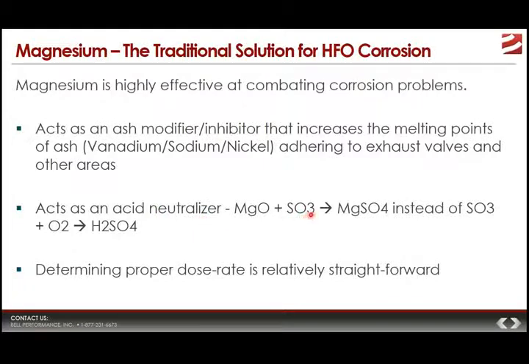It neutralizes SO3, which causes the formation of magnesium sulfate, instead of allowing that SO3 to further combine with water vapor (H2O) to form sulfuric acid. So magnesium does two really important things that are highly beneficial towards solving this problem. It's been around for a really long time, and it's pretty well known how much magnesium you need to use in order to get the job done.